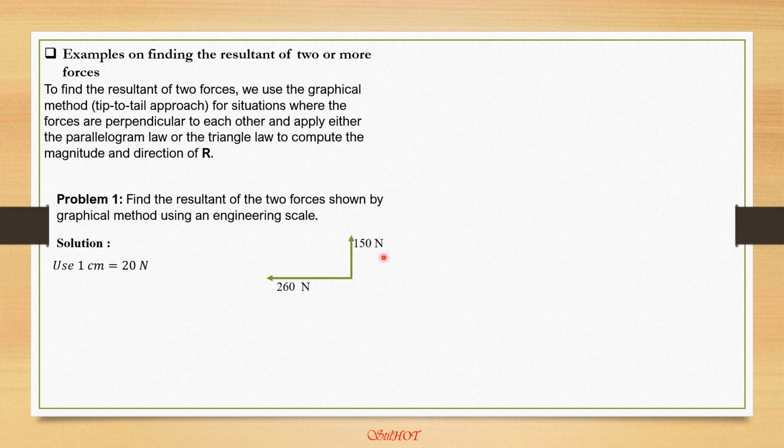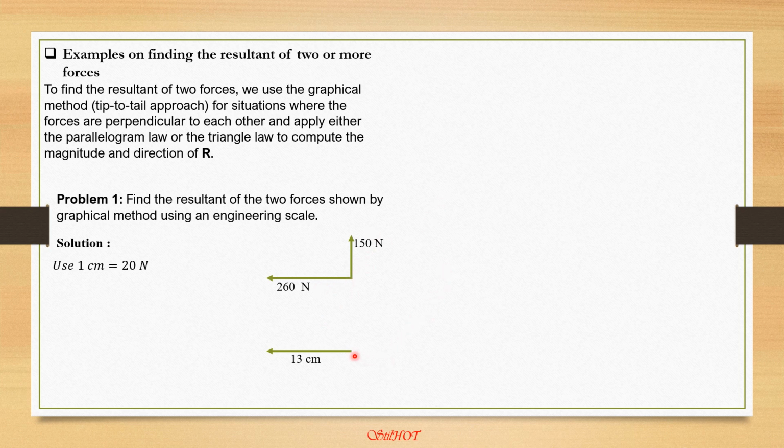And 150 divided by 20 is 7.5 centimeters. So the resultant is obtained by drawing a parallelogram. In this case, it results to a rectangle because the two forces are perpendicular to each other.